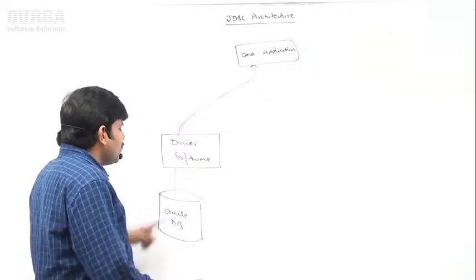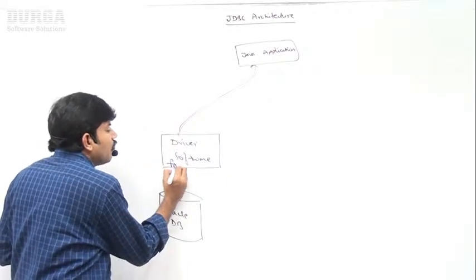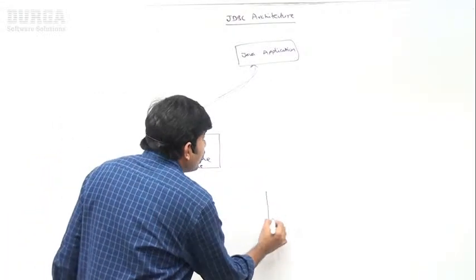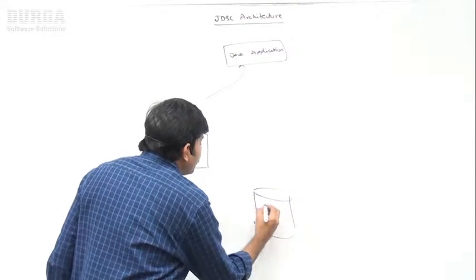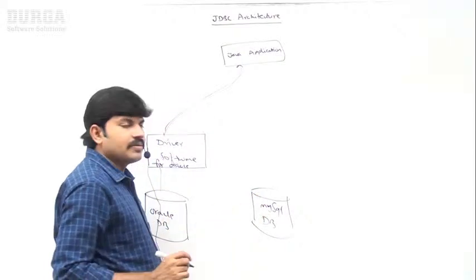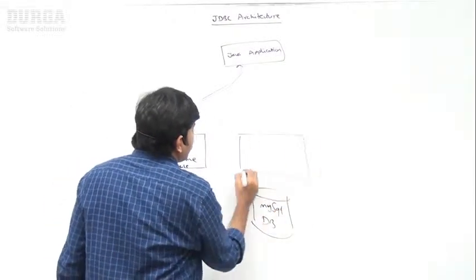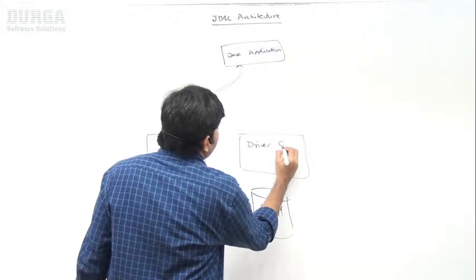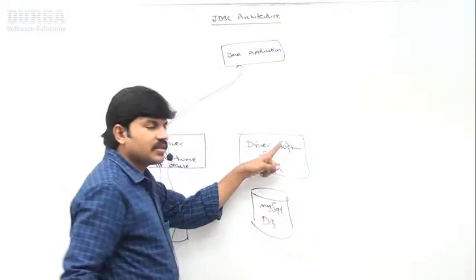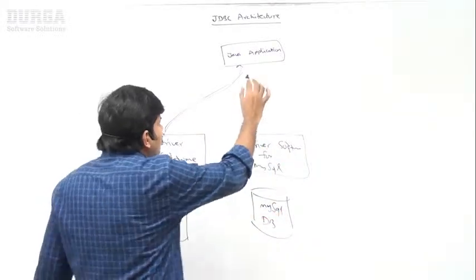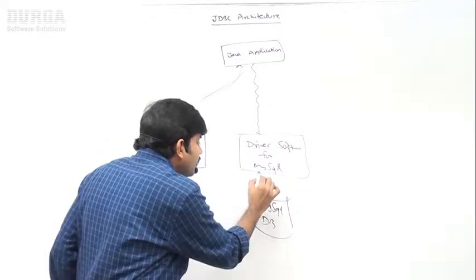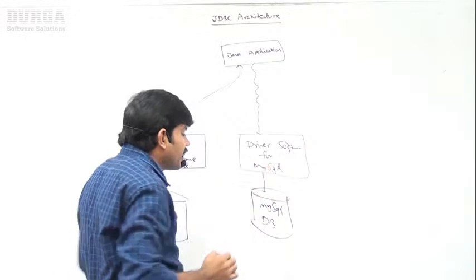Similarly, this is the driver software for Oracle. Tomorrow, I want to communicate with the MySQL database. Then automatically, compulsorily we need to maintain driver software for MySQL. This is the driver software for MySQL. The Java application can communicate with the driver software, and this driver software can communicate with the MySQL database.